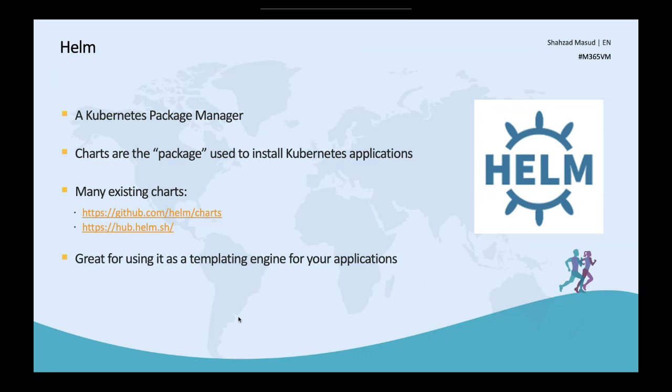So if you want to deploy a microservice-based application using Python technology, C# .NET Core technology, Node.js technology, or Java technology, you can always use a Helm chart for that purpose. There are many Helm charts available as pre-built templating engines, which can help you define your application in a much more flexible way.